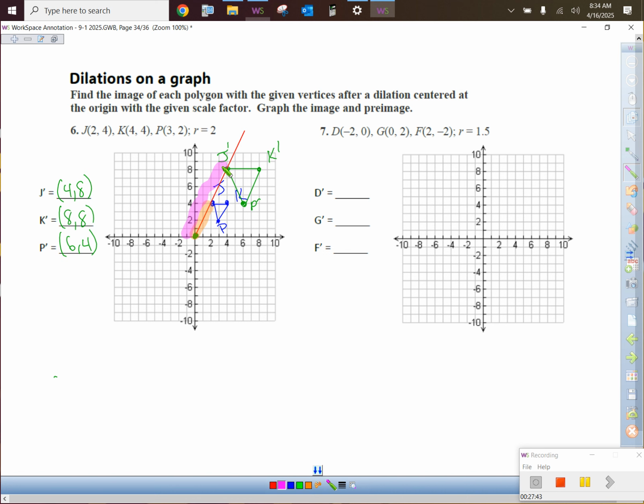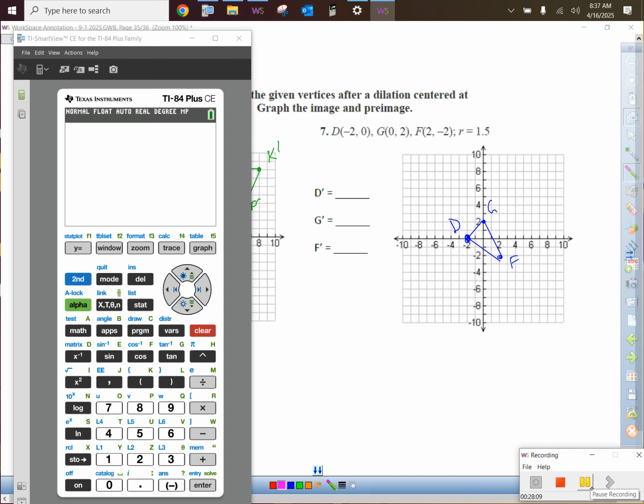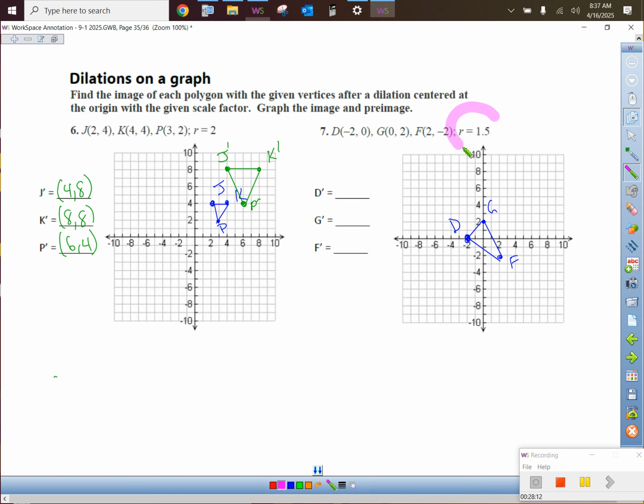Let's draw the OG. And what do you think? Should this guy, if the ratio is 1.5, get bigger, smaller, or stay the same size? It'll still get bigger. Right? So graph the original. So this guy's got a scale factor or a ratio of 1.5. It should get bigger. We just take each one of these guys times 1.5.